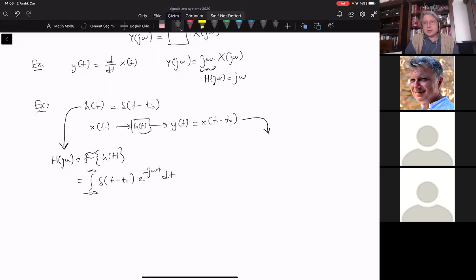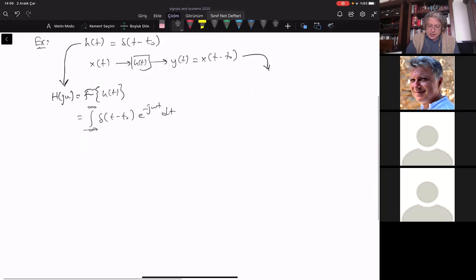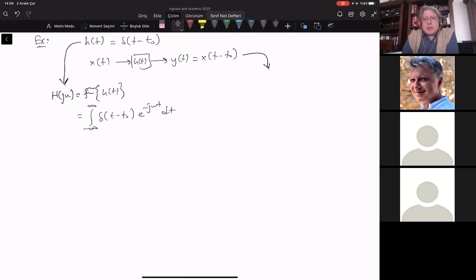This is the Fourier transform formula. And delta t minus t0 appears only at t equal to t0, and all the other t values are multiplied by 0. All the values corresponding to time instances other than t0 will be equal to 0. So the integral only picks up e to the minus j omega t0, at t equal to t0.